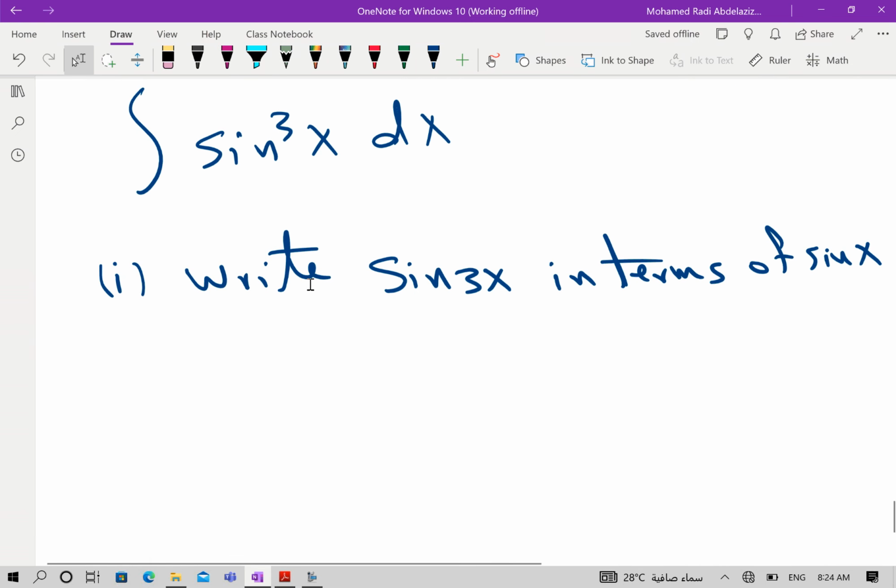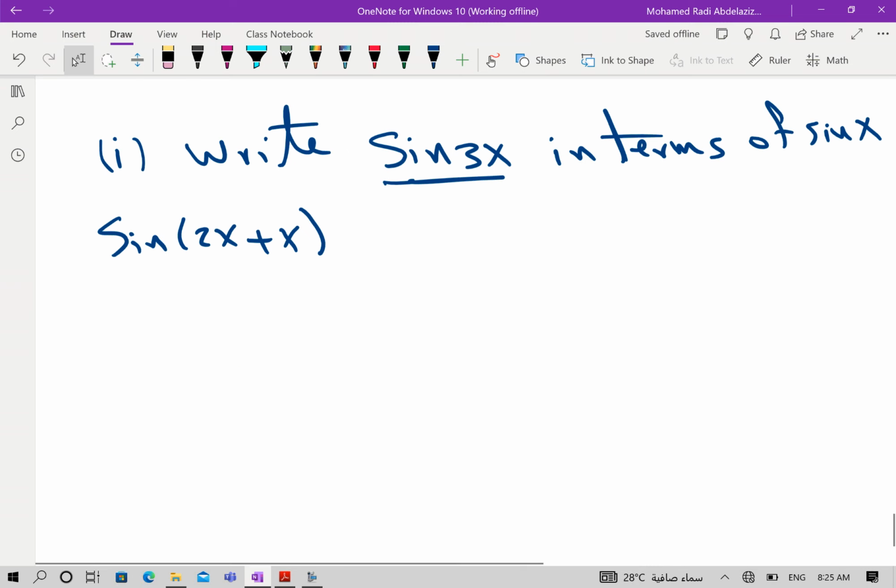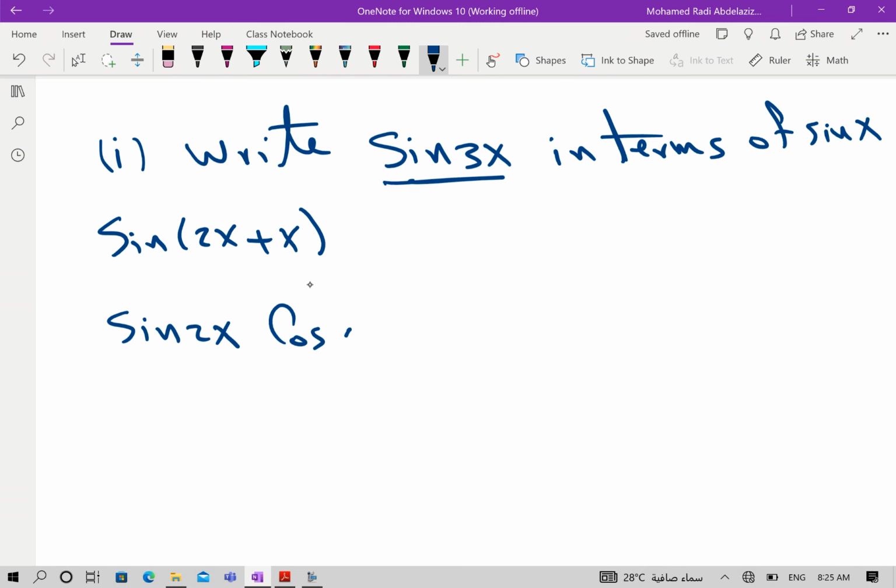To integrate sine cube x, I will connect it by this identity first, then start to integrate. Let's start now to explain how to write sine 3x in terms of sine x. Split 3x to be 2x and x. Then the sine sum will be sine 2x cosine x plus cosine 2x sine x.